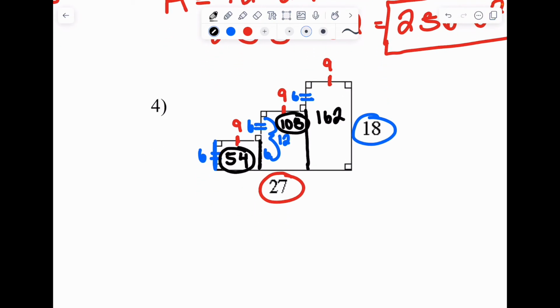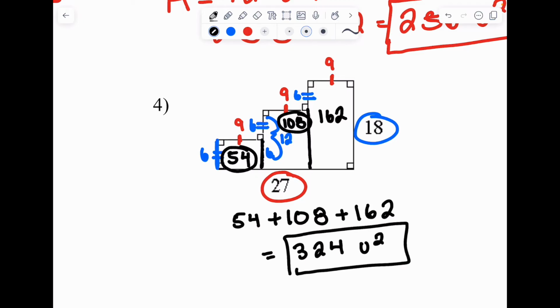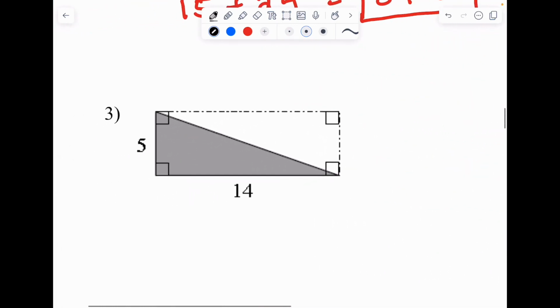And now that I know the area of each piece, all I have to do is add them together. 54 plus 108 plus 162 will give me 324 units squared. And then last one, looking at number 3, once again, I want to find the area of just the shaded region.